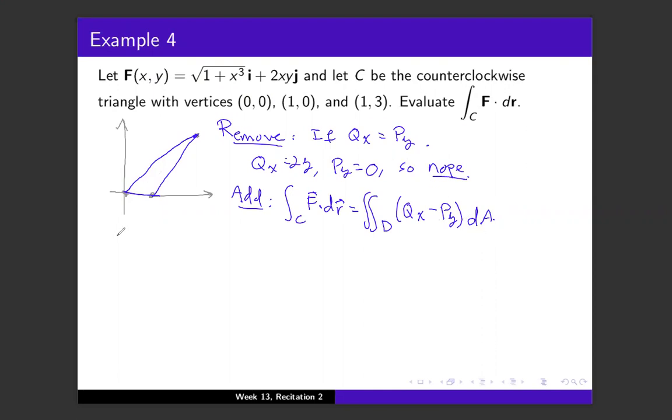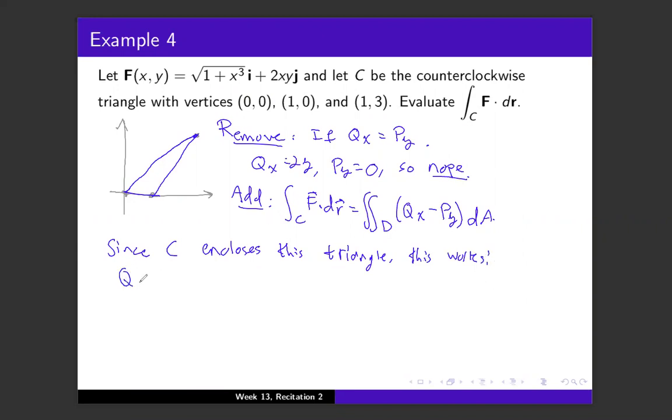And by the way, we can do this because our curve C encloses this triangle. So we can do this.